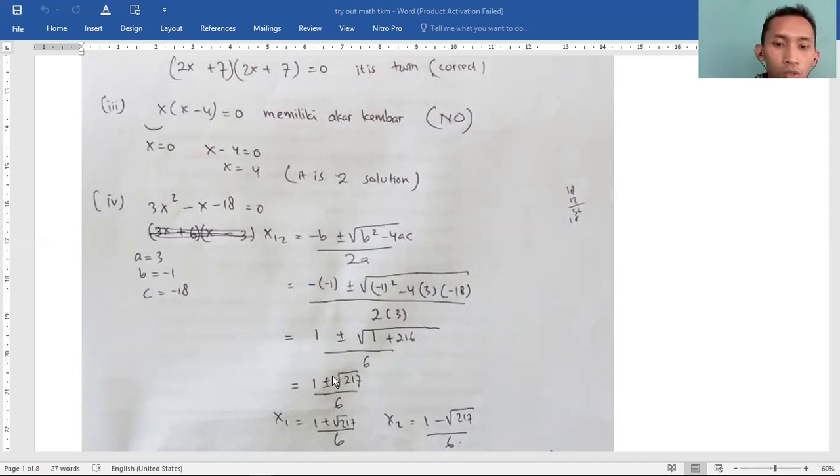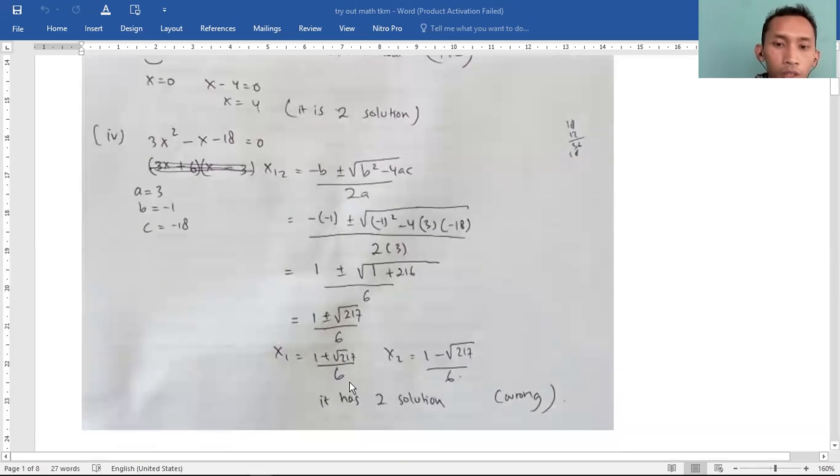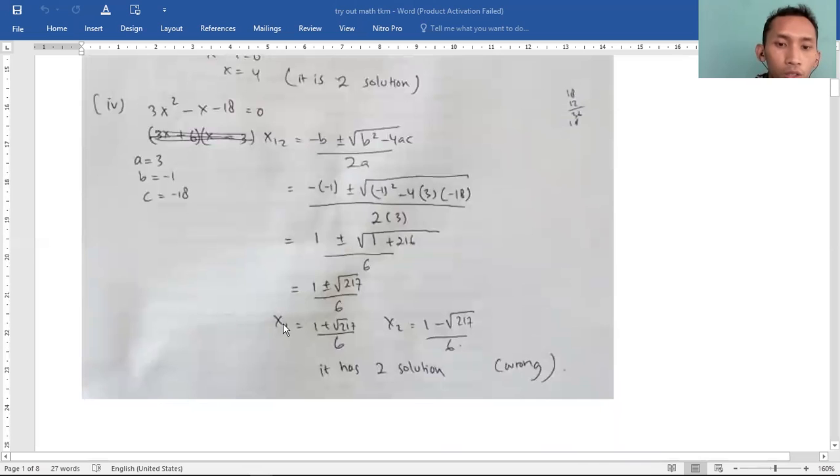So let's continue: 1 plus minus square root of 217, and we cannot take out 217, so just leave it like that. So the first solution is 1 plus square root of 217 per 6, and the second solution is 1 minus square root of 217 per 6.